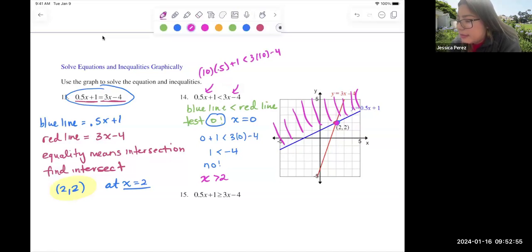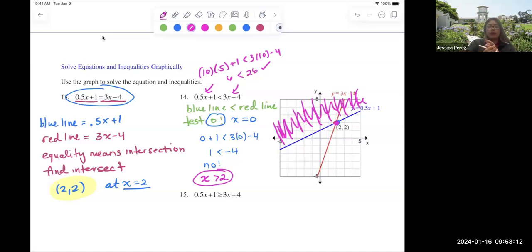That's 5. 5 plus 1 is 6. Is that less than 30 minus 4, which is 26? Yes, that's true. So only when x is greater than 2, your blue line is less than the red. So then my answer would be from 2 to infinity. That's where your blue line is less than your red line.